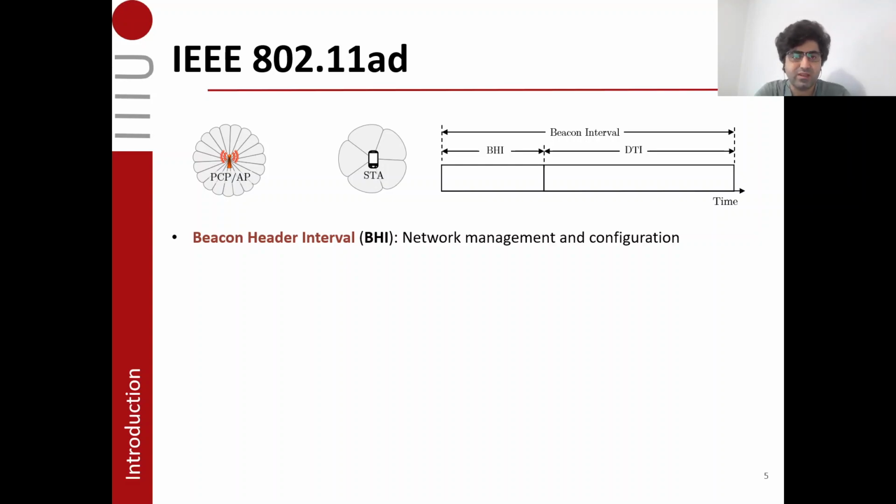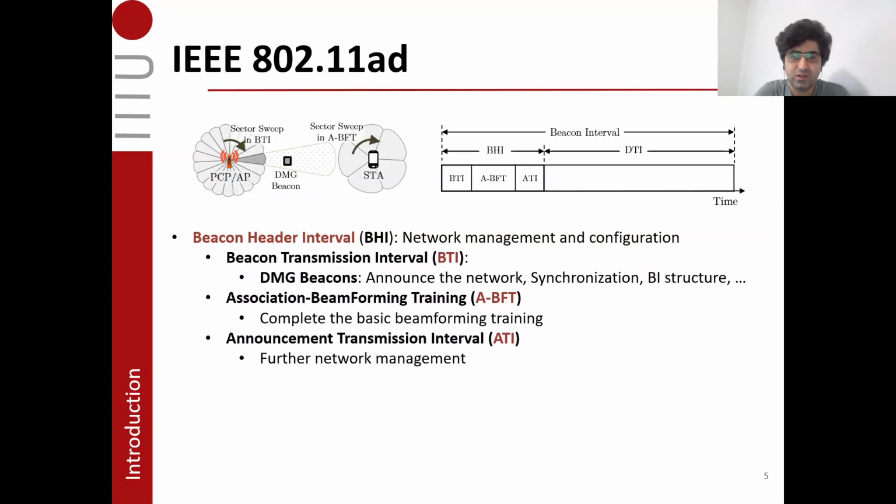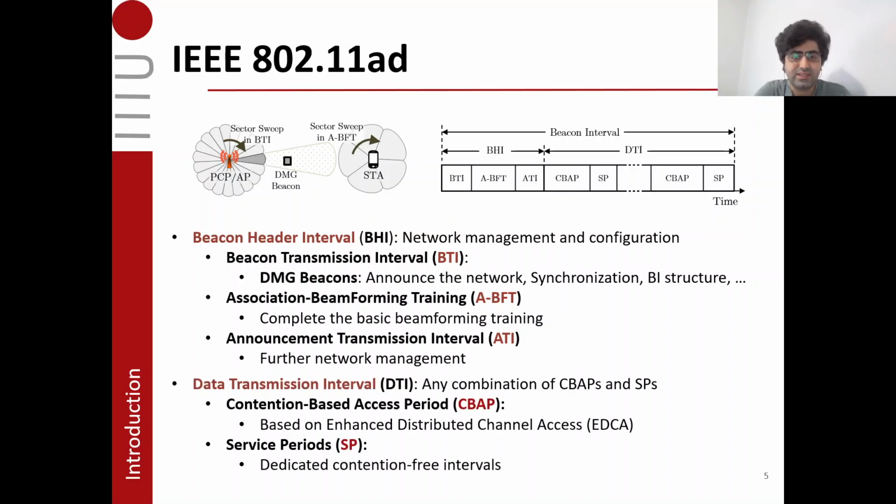Each beacon interval consists of a beacon header interval, which is mostly used for network management and configuration operations like beamforming training, network announcement, and scheduling. Also a data transmission interval, which is used mostly for actual data transmission and can consist of any combination of CBAPs and SPs.